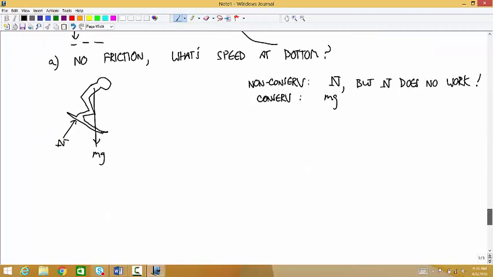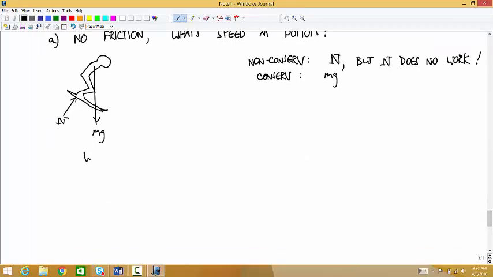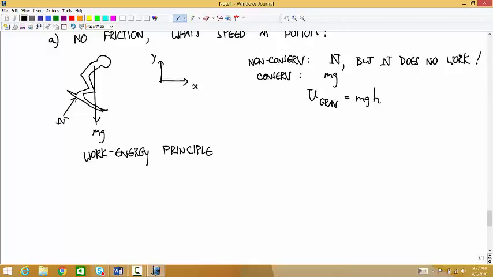All right, so let's write this out. So the work energy principle, and let's choose a coordinate system with y up. The potential energy due to gravity is equal to mgh.